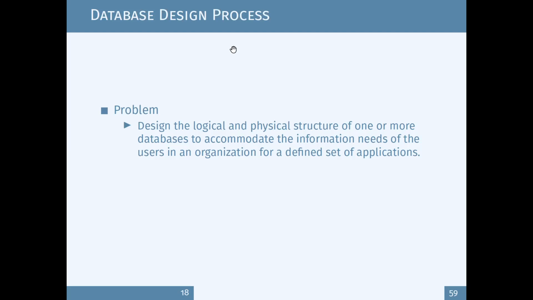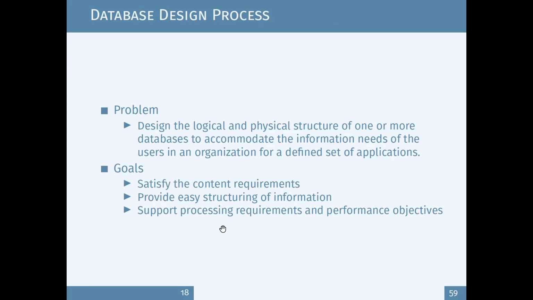And then the goal of this design is mainly to satisfy content requirements, which means your data requirements. Second, you need to provide easy structuring. Third, your processing requirements. When you say processing requirements, for example, in a university system, we want to know how many course credits were completed by a particular student.